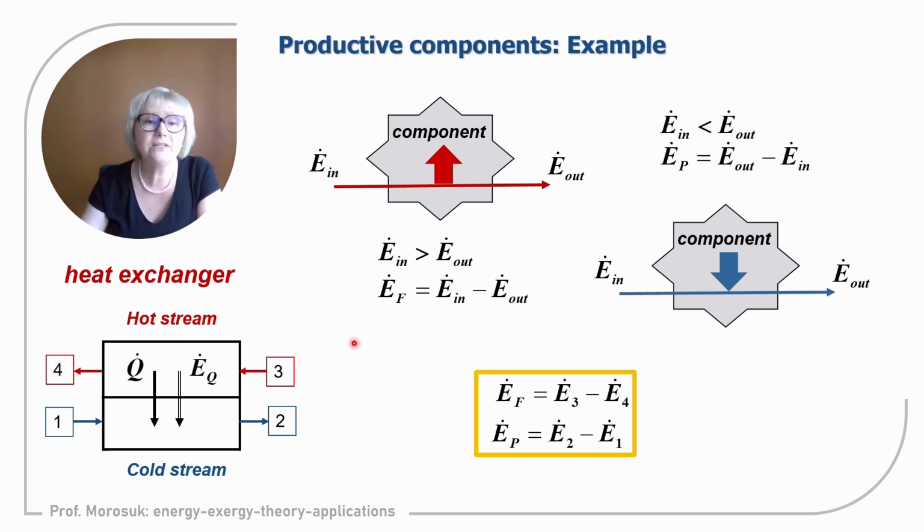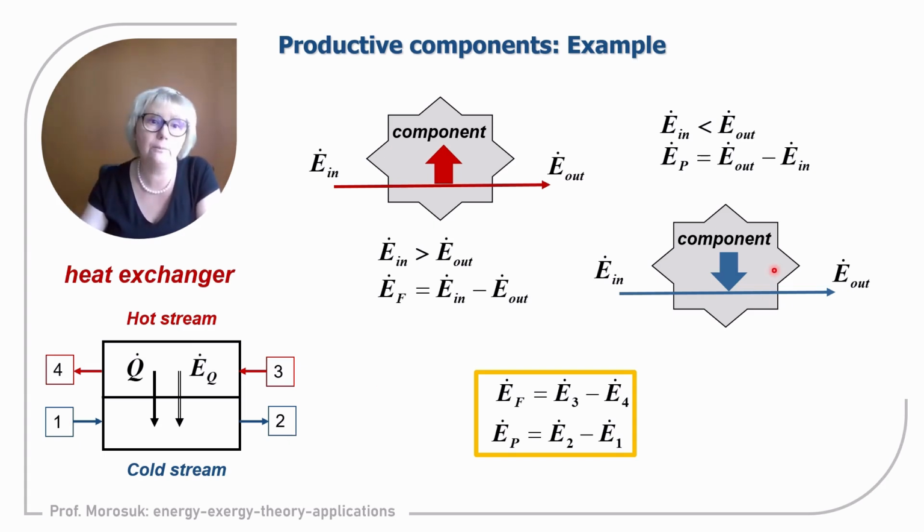So for the hot stream, exergy at inlet, stream 3, is higher than at outlet, stream 4. Therefore, this stream is associated with the fuel, and exergy of stream 1 is lower than exergy of stream 2 because this stream should be heated.